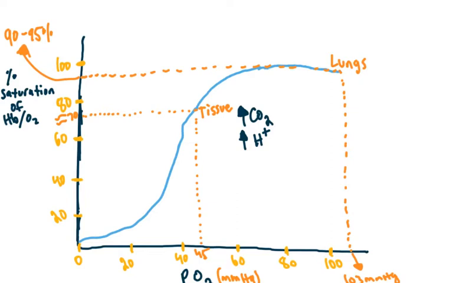So that's why we no longer have a high saturation of oxygen on hemoglobin. Because of the competition via CO2 and H plus, our oxygen saturation will drop to around 70%.